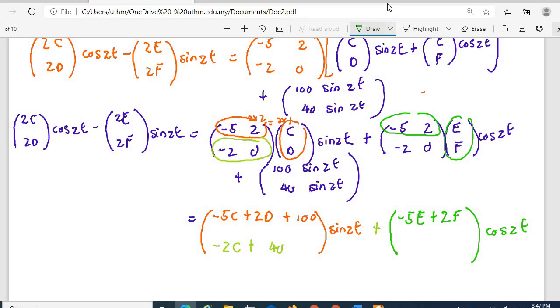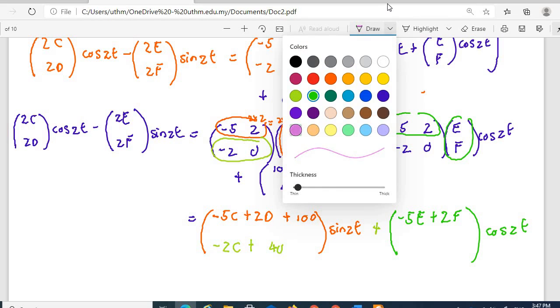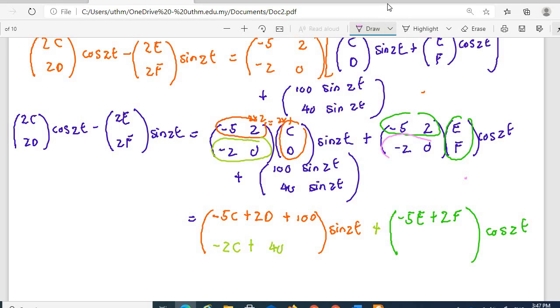Okay, and take the second row times first column. So you have negative 2e. Here there is only a sin 2t term, you don't have a cos 2t term. So cos 2t is only negative 5 times e plus 2 times f for the first row. For the second row it is negative 2 times e plus 0 times f. So it's negative 2e cos 2t.